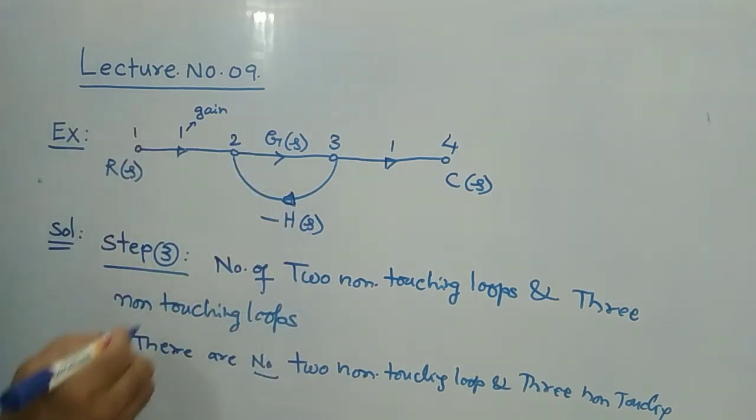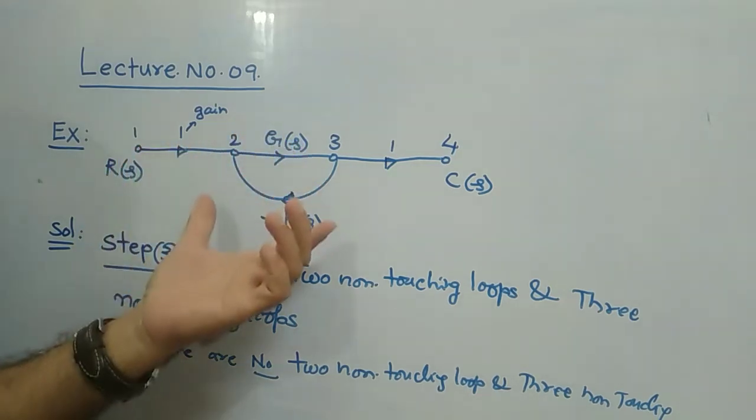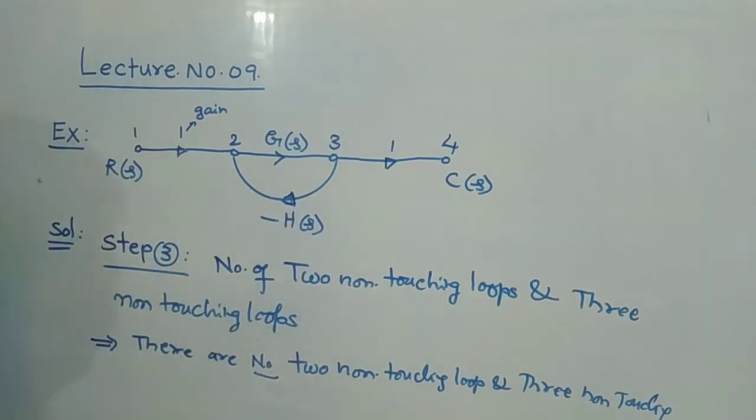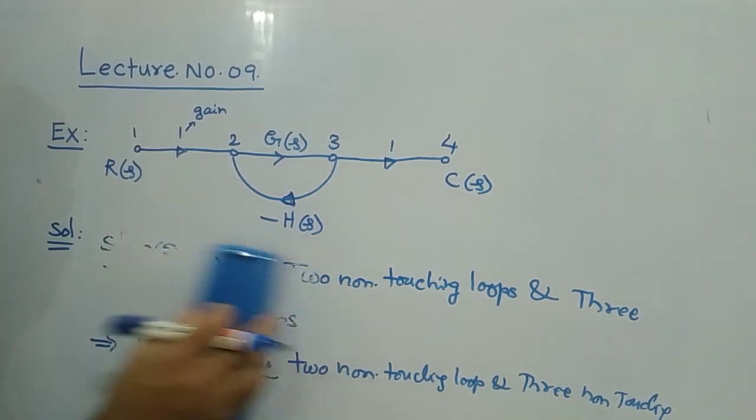Therefore, step number 3 is completely not applicable to this problem, because we don't have any two individual loops or even three individual loops. You have only one loop. Therefore, straight away you can say that your step number 3 is not at all applicable.